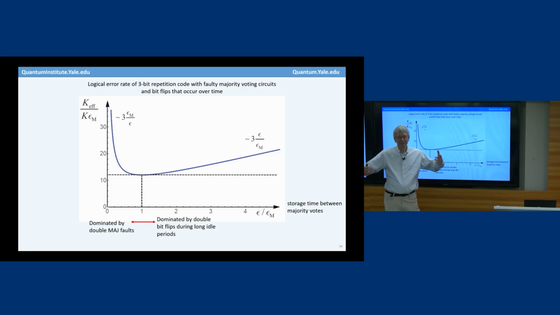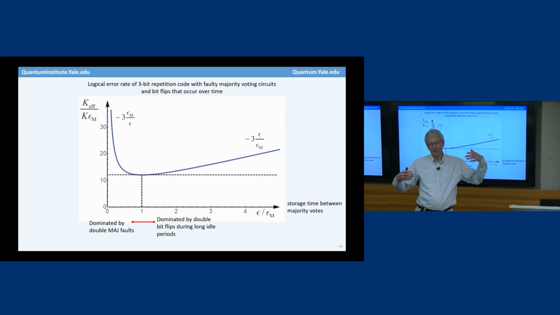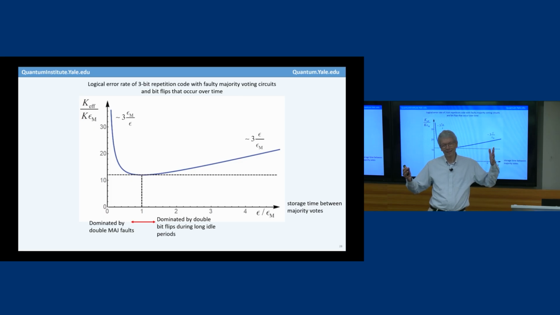They have errors much more frequently than trapped ions or Rydberg atoms. Okay? On the other hand, we have extremely good gates. So we don't tend to make errors during gate operations like AND and NAND and XOR. So we have to have error correction just for memory.